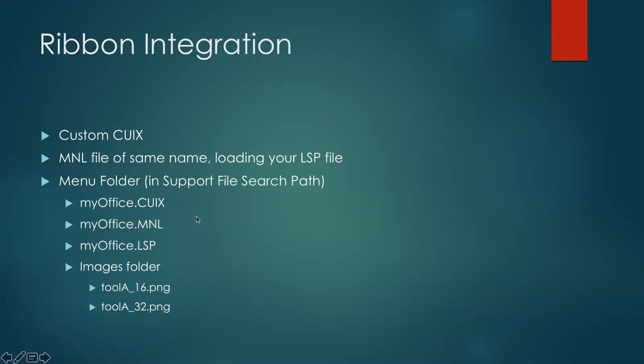But what you don't want to do is put all your Lisp in an MNL file. Instead, have the MNL file load your Lisp file, or your Lisp files, plural. That gives you the flexibility to have different menus, different loadouts, and organize your Lisp files differently. And lastly, you're going to have a little images folder for all the toolbar buttons. So I'm going to show that too.